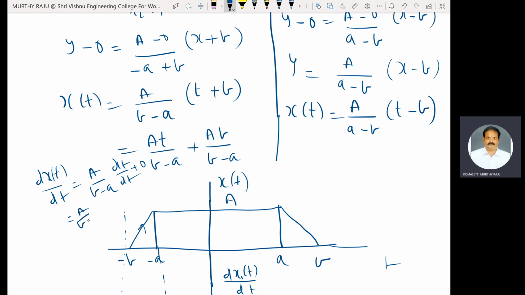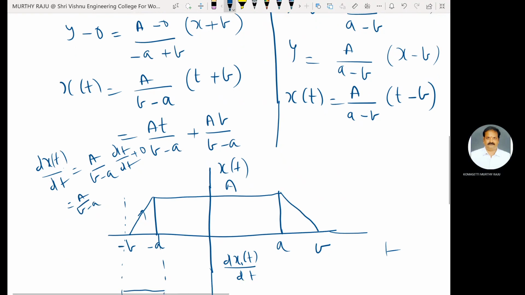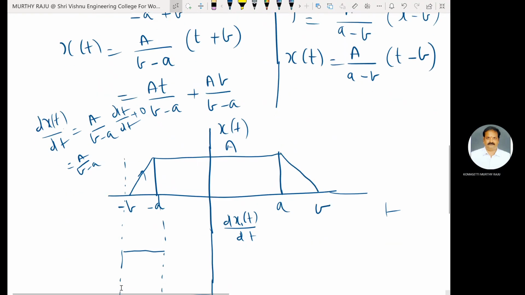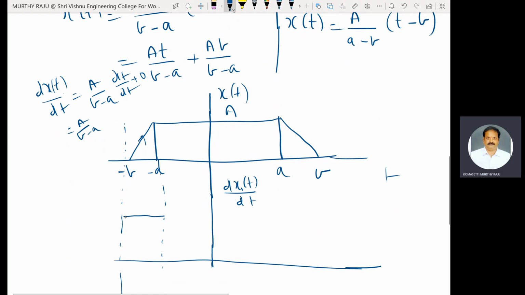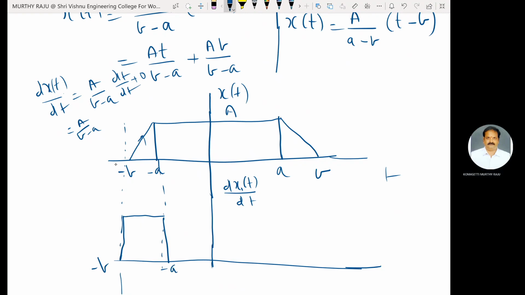Finally, the value is A by (b minus a), between minus b and minus a. This is the rising portion. The constant's differentiation is 0, so no need to consider it. Here, in the falling function, there is a negative slope.